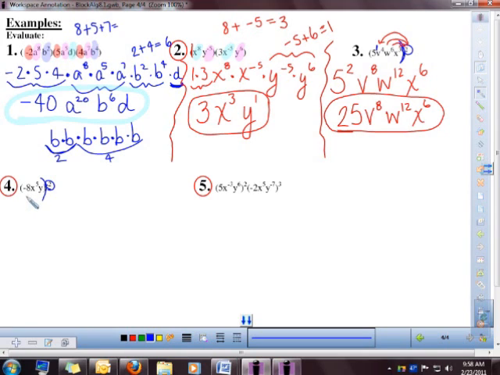Now, when you don't see an exponent, put a 1 so you don't accidentally do it wrong. So where do we need to squeeze 1s on this problem? After the negative 8, we're going to put a 1. Good. And after the y, we're going to put a 1. And then we're going to multiply negative 2 times those 3 exponents. Do not multiply an exponent times a base.